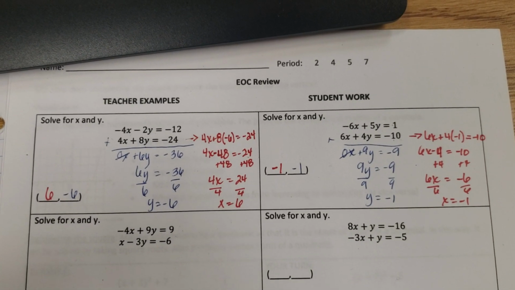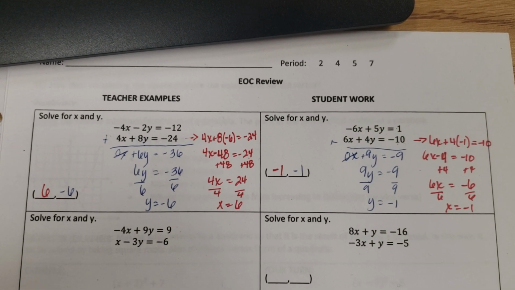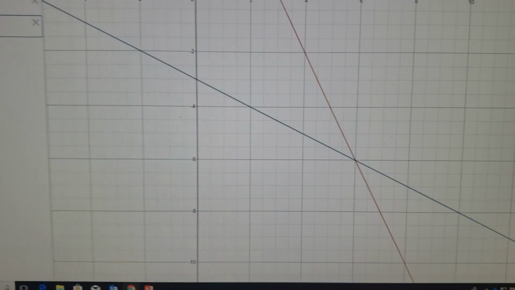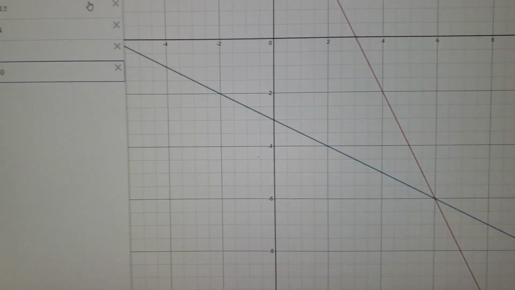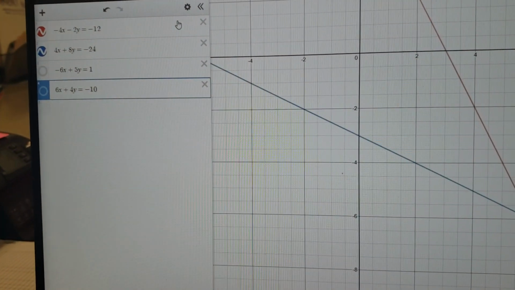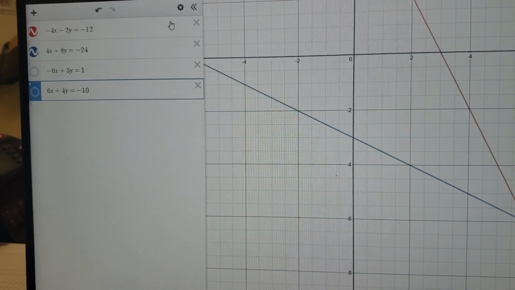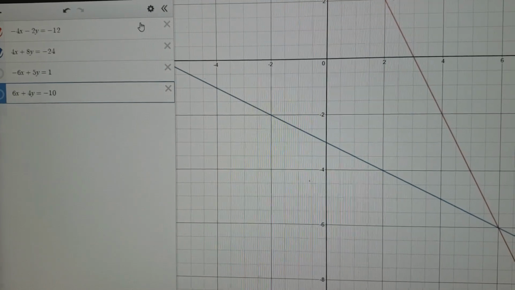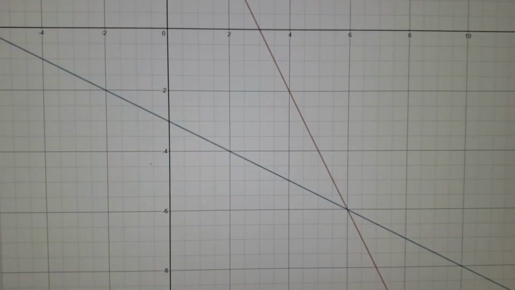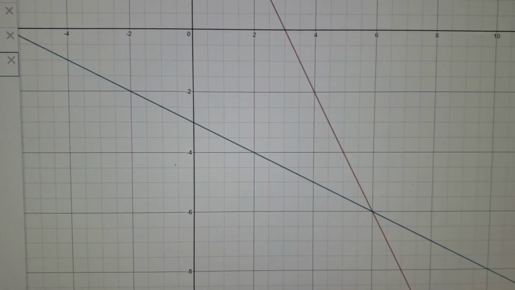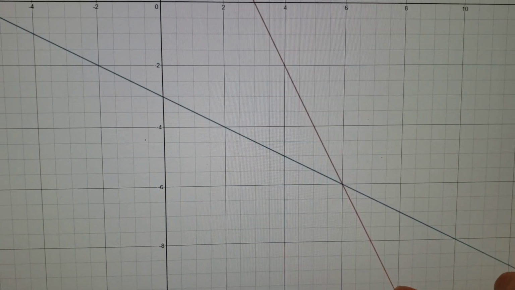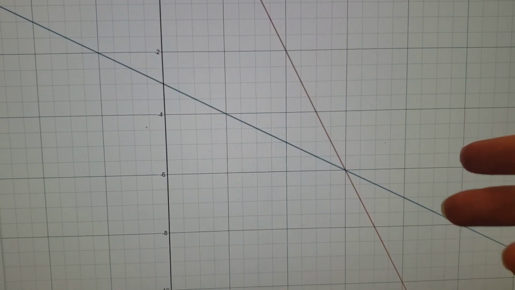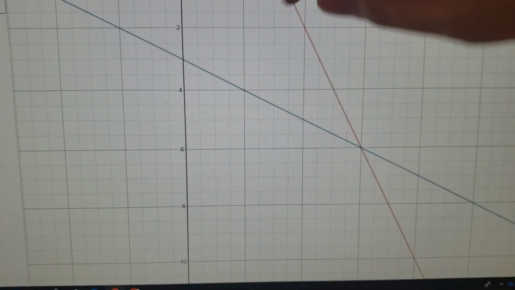Now, if we were to graph these things, it would look something like this right here. The red line here is negative 4x minus 2y equals negative 12, and then the blue line is 4x plus 8y equals negative 24. And if you notice, the red line is all of the solutions to the first equation, all the combinations of x and y coordinates that would equal negative 12.